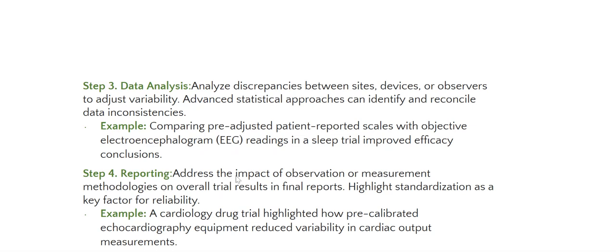Step four, reporting. Address the impact of observation or measurement methodologies on overall trial results, and in final reports, highlight standardization as a key factor for reliability. For example, a cardiology drug trial highlighted how pre-calibrated echocardiography equipment reduced variability in cardiac output measurements.